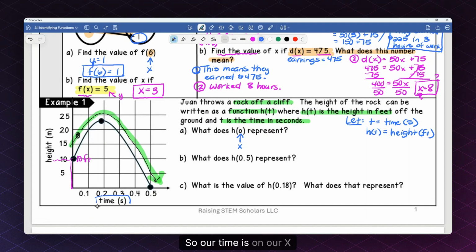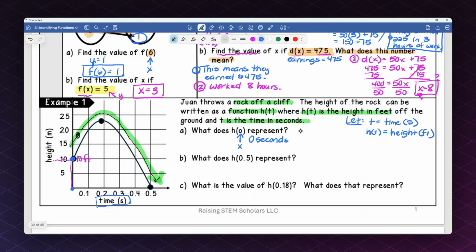So our time is on our x, okay? And so we're wondering what's happening at 0 seconds. So we come over here at 0 seconds and we can see that this is the first instance when the rock is thrown and it is 10 feet up in the air.